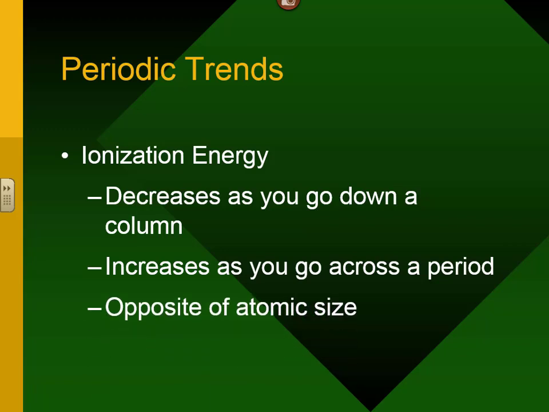This is the opposite of atomic size. Atomic size increases as you go down and decreases as you go to the right. So when you're talking about atomic size, the largest atoms are found at the bottom left corner.